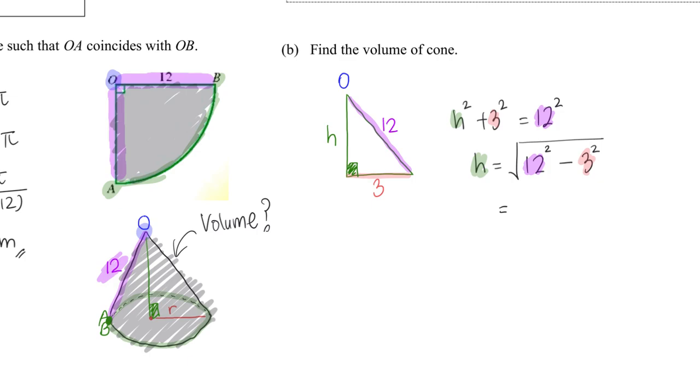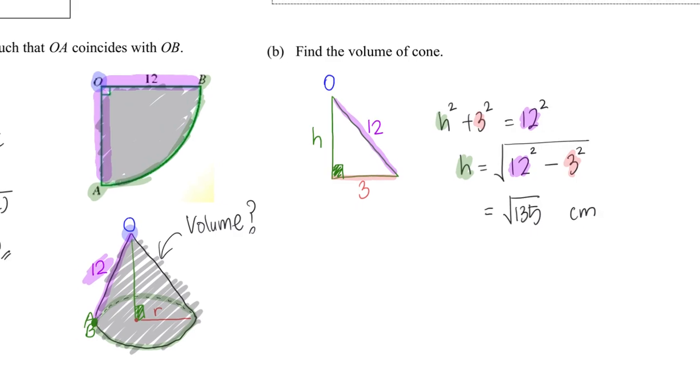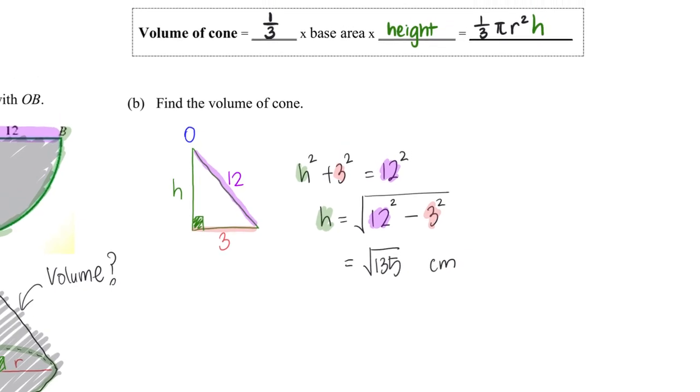This will give me a value of square root 135. And at this point, I do not want to have the square root evaluated yet because it will give me a lot of decimals. I don't like it.